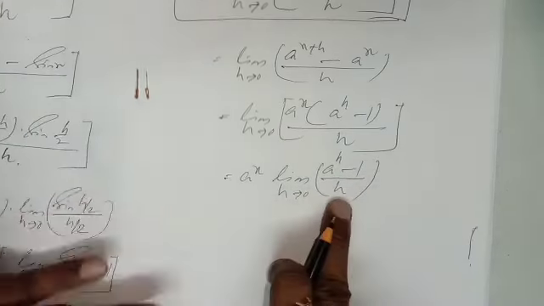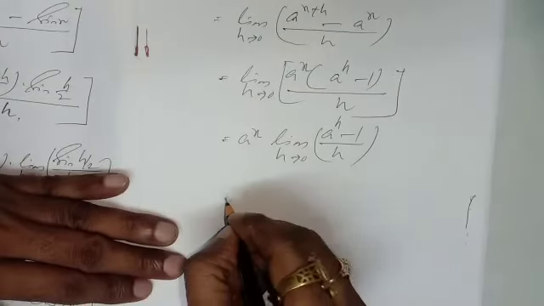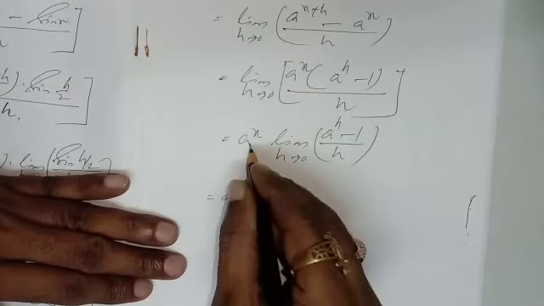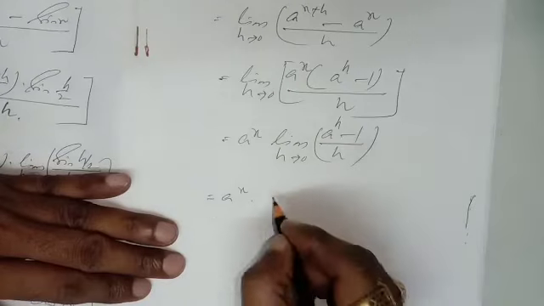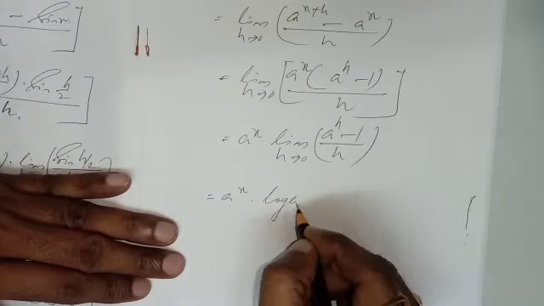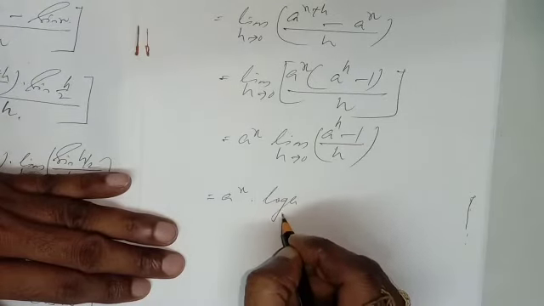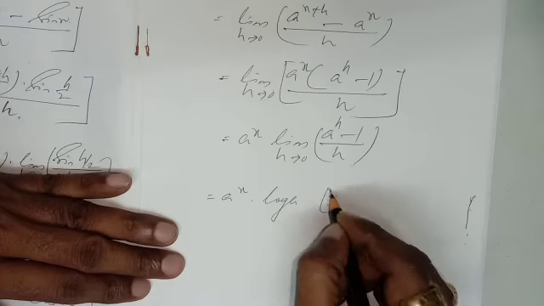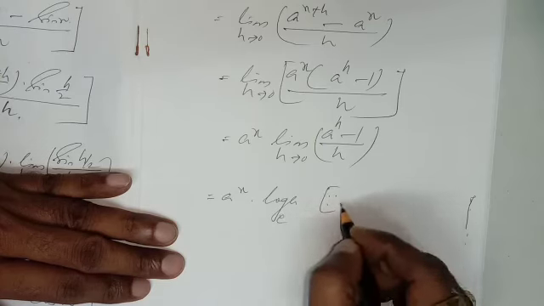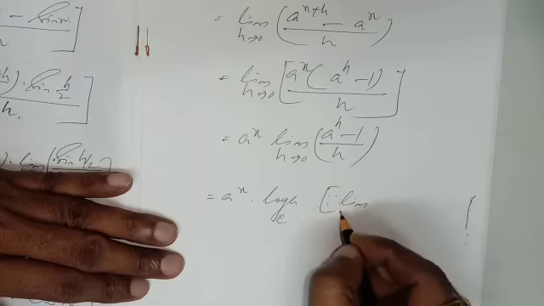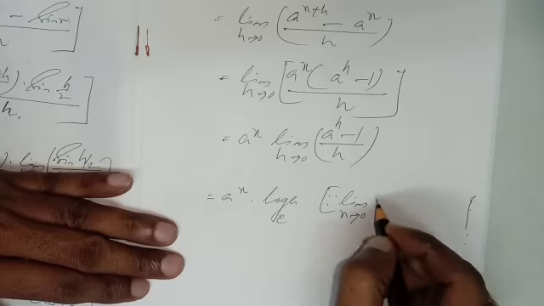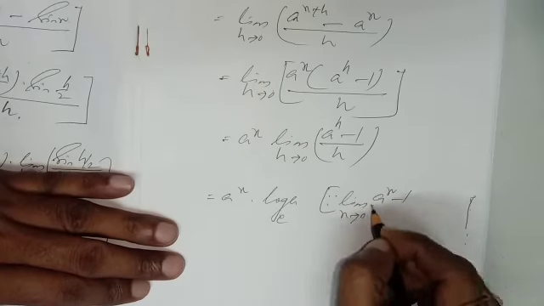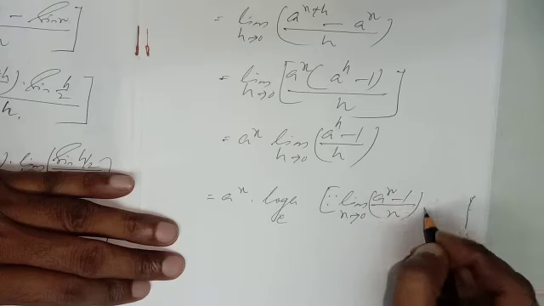(a to the power h minus 1) by h. So what is the formula for this? a to the power x is left here, and this is the formula, I'm writing it here: limit x tends to 0, (a to the power x minus 1) by x. The answer is log a base e.